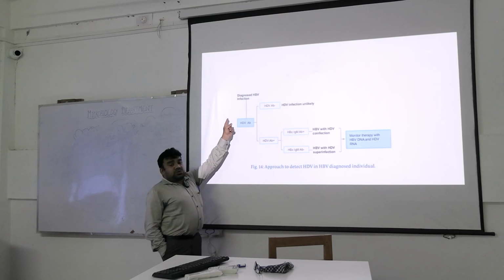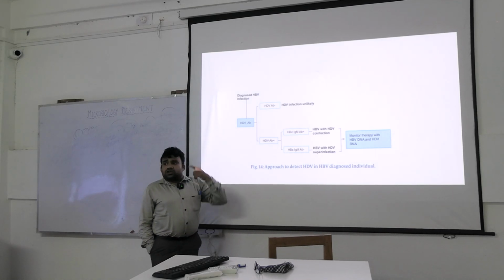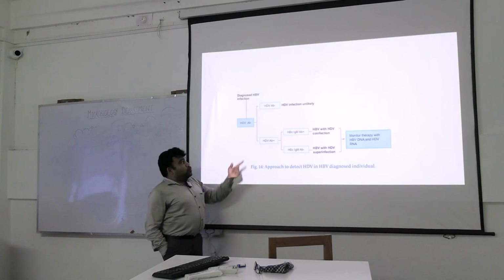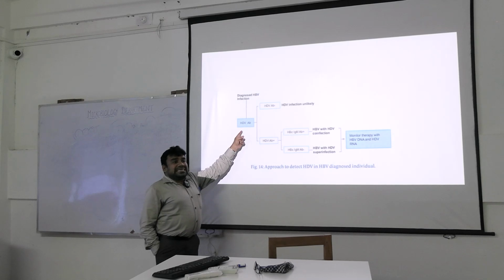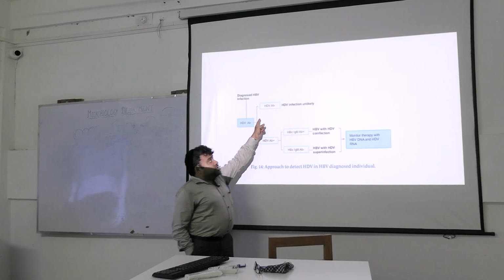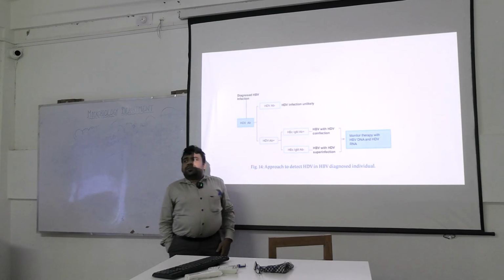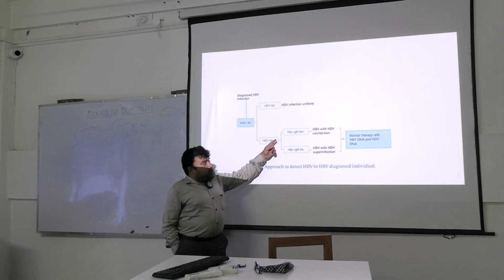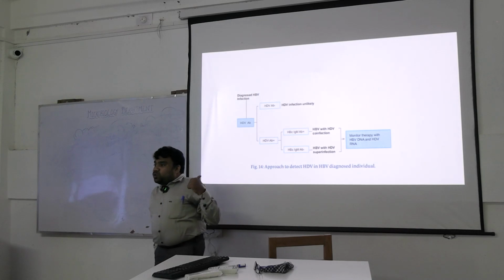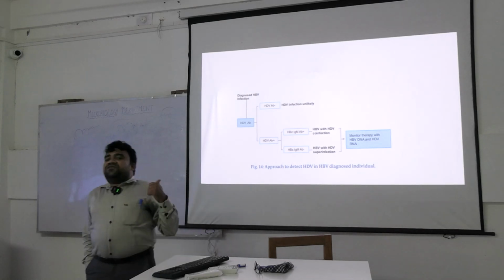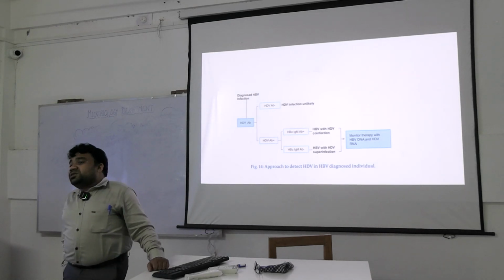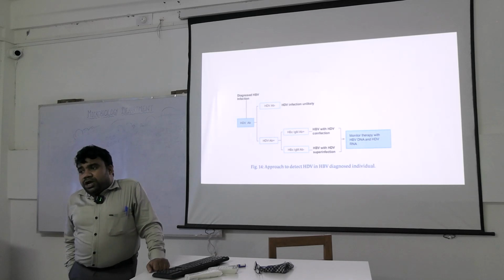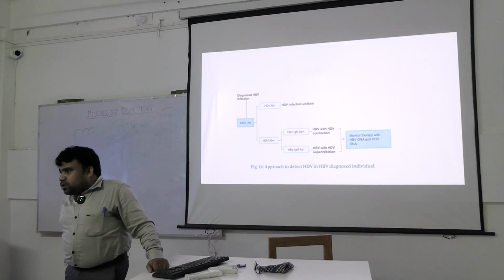If a patient is diagnosed with hepatitis B, he could also be infected with hepatitis D. So, we need to test for hepatitis D antibody. If it comes negative, that means the possibility that the patient is infected with hepatitis D is also less. But if it comes positive, then we must ascertain whether it is acutely infected or chronically infected. If acutely infected, then we need to estimate the viral load for hepatitis D virus. Okay.